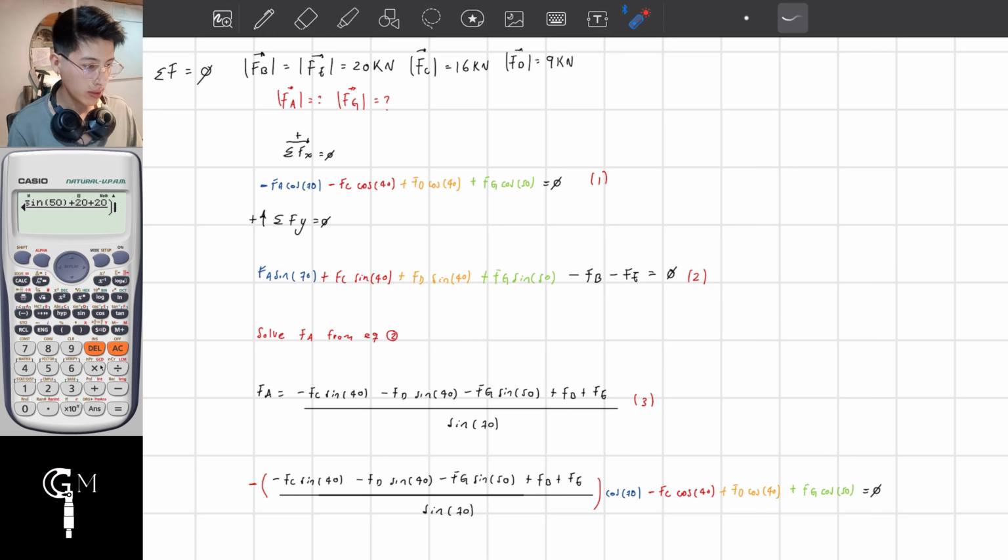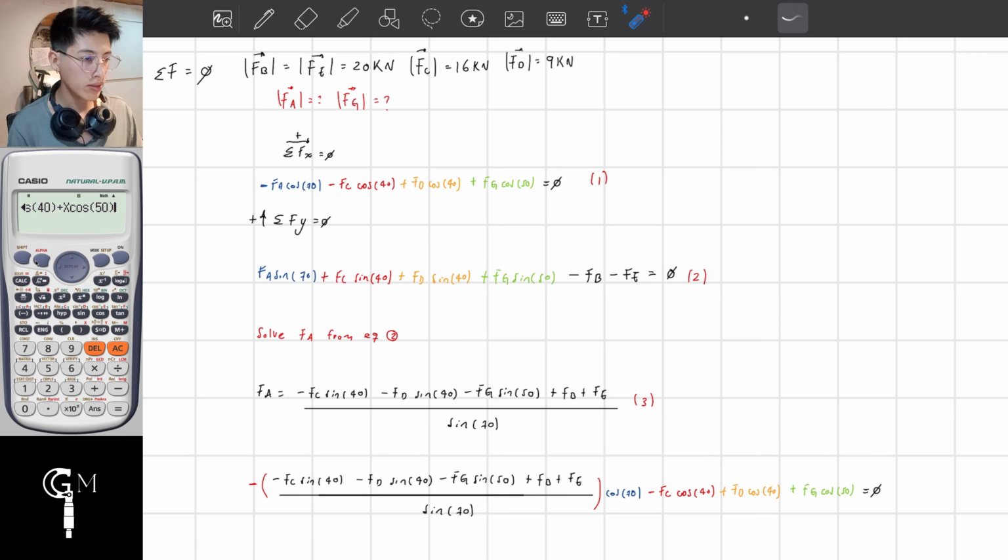Close parentheses, multiplied by the cosine of 70, minus FC, which is 16 cosine of 40, plus FD, which is 9 cosine of 40, plus FG, which is the unknown, x cosine of 50.